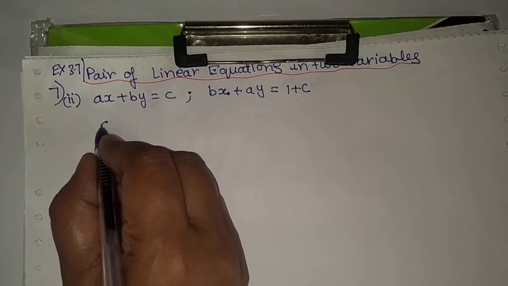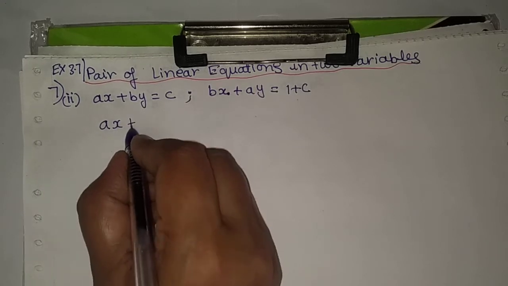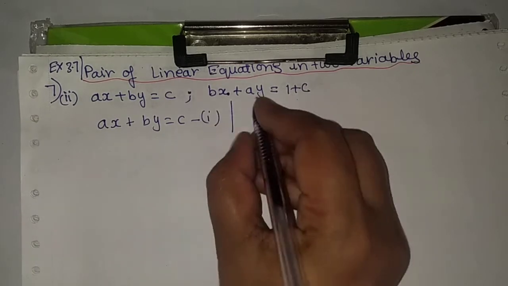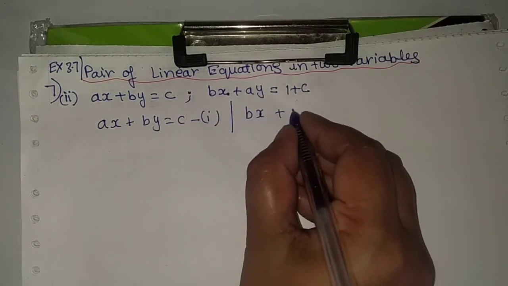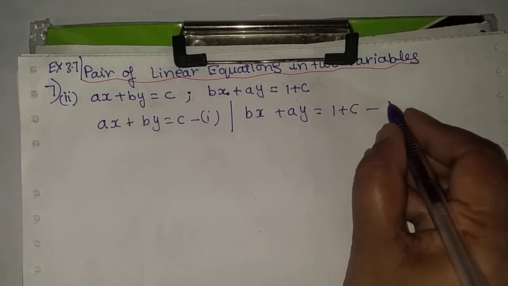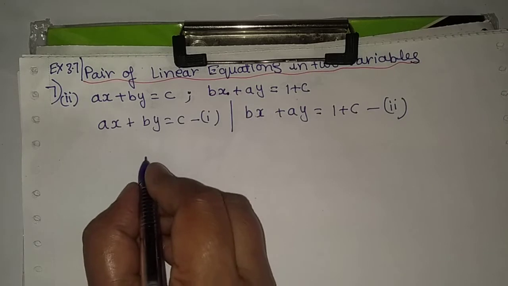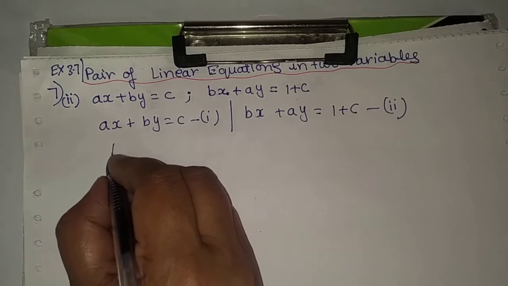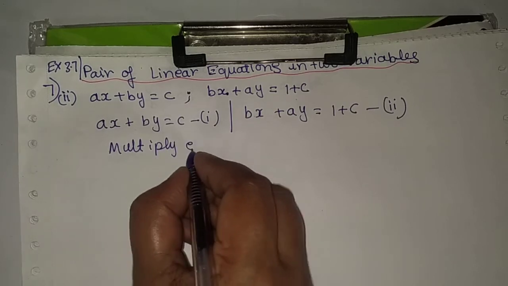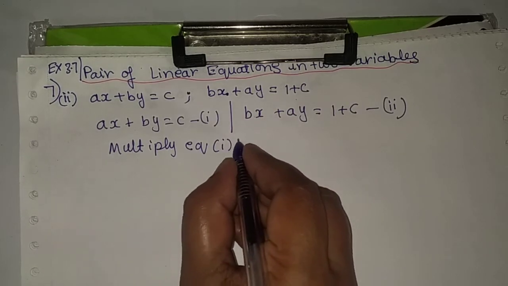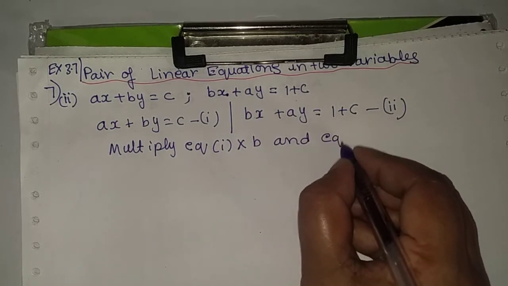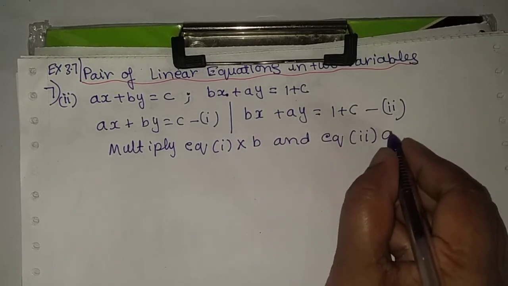First we take this equation ax + by = c - 1 and bx + ay = 1 + c, the second equation. So the next step is multiply equation 1 by b and equation 2 by a.